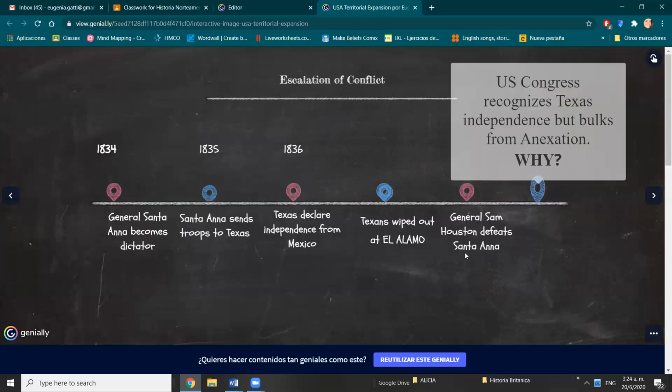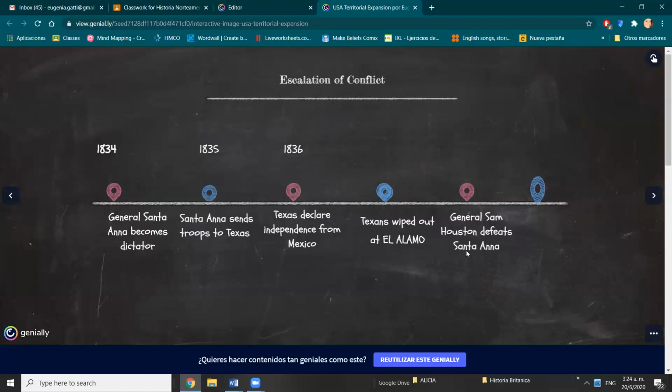So the War of Independence is won by the rebels, and Texas becomes a new republic, a new nation. Something very similar to what had happened with the United States and Britain.